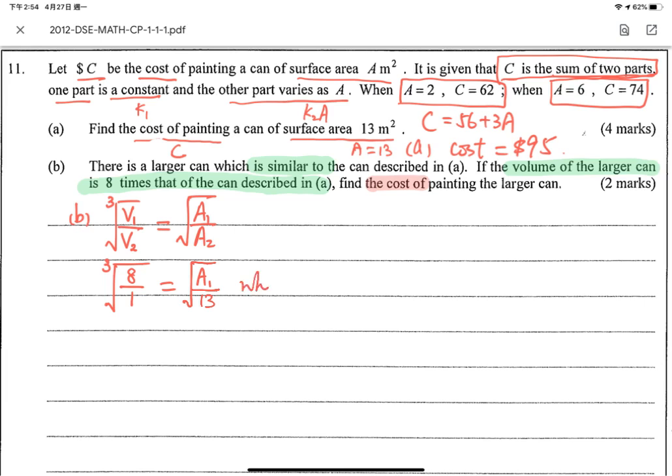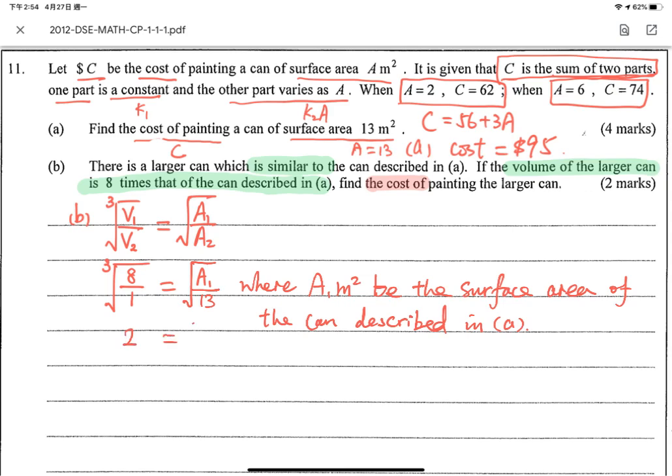Let A1 meter squared be the surface area of the larger can, where 13 is the surface area of the can described in part A. Okay, so the left hand side is the cubic root of 8, which equals 2. The right hand side is the square root of A1 over 13. So we can square both sides and remove the square root. The left hand side is 4, and the right hand side is A1 over 13.